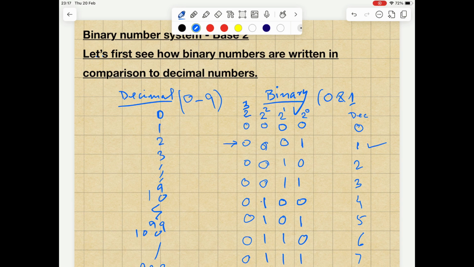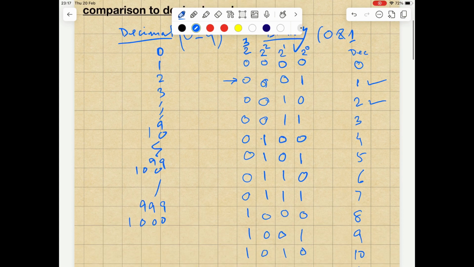And the second column, 2 to the power 0 is already 0, nothing. But the 2 to the power 1 is 2, there's a 1, so it'll be 2. And then the third column, there's a 1 in both columns. 2 to the power 1 is 2, and 2 to the power 0 is 1. So that'll be 3. So on.